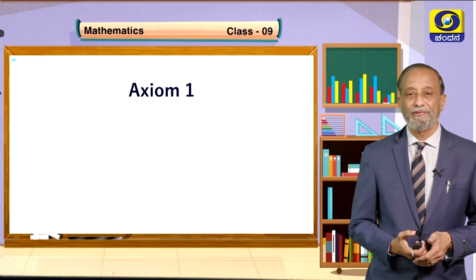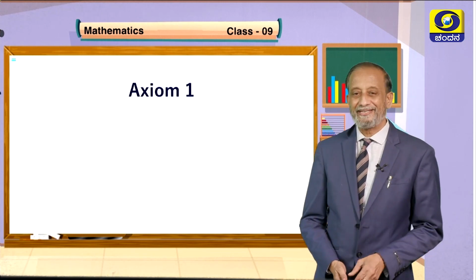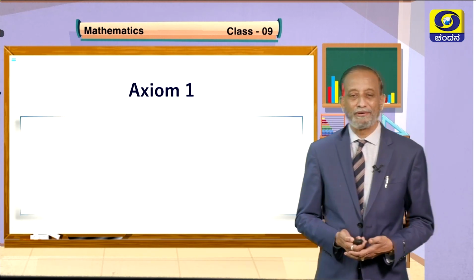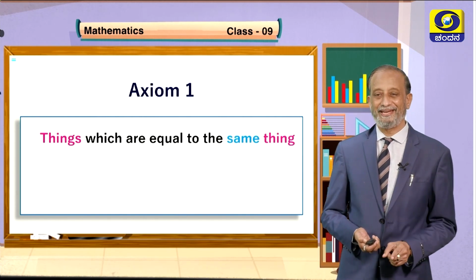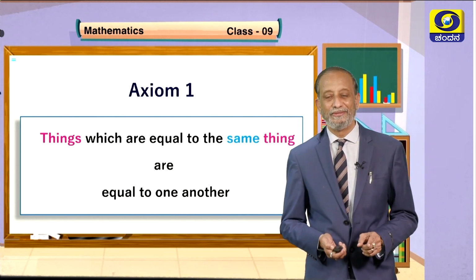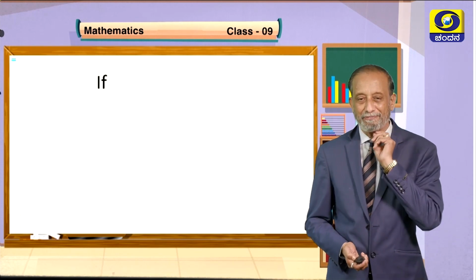With these, we will take up now axiom number 1. Okay. Now, let us try to understand axiom number 1, which states that things which are equal to the same thing are equal to one another. Okay. So, now I would like to give one small explanation for you.